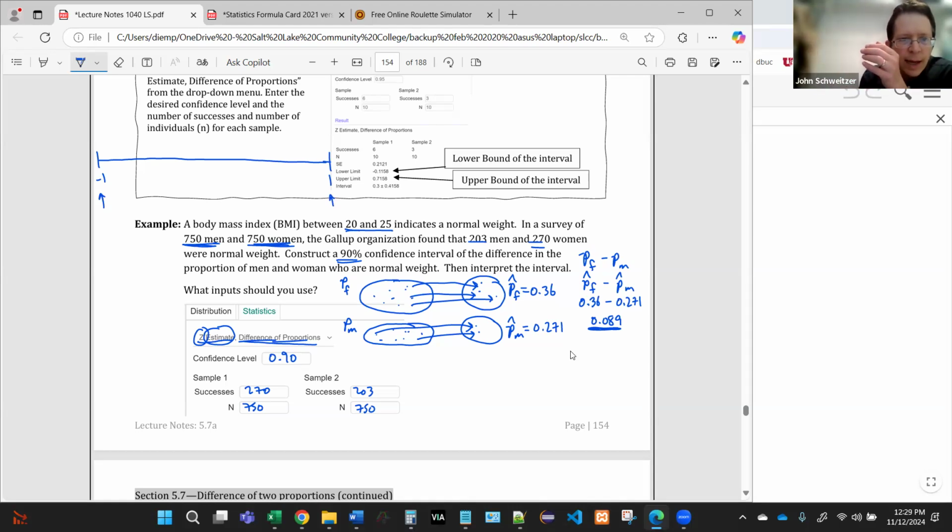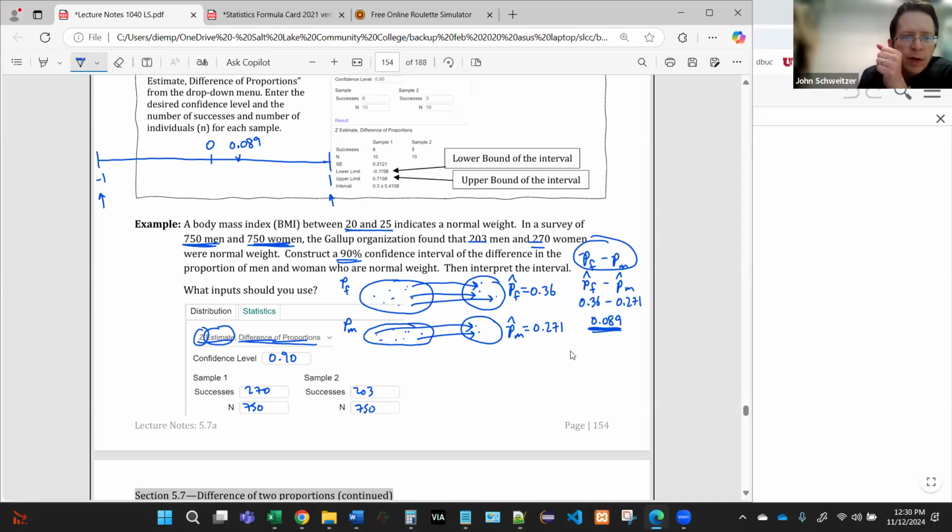They obviously wouldn't happen. In the middle we have 0. What did we get for our point estimate? We got 0.09 or 0.089. I'm going to exaggerate a little bit here just for our picture. We're trying to estimate a difference of two parameters. Where does that difference sit?